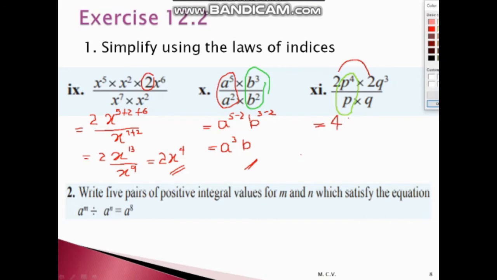We have to subtract because there's a division. 4 minus p means 1, p to the power 1. So 4 minus 1. q to the power 3 minus what? There's only one q. So 3 minus 1. p to the power 4 minus 1 means 3.